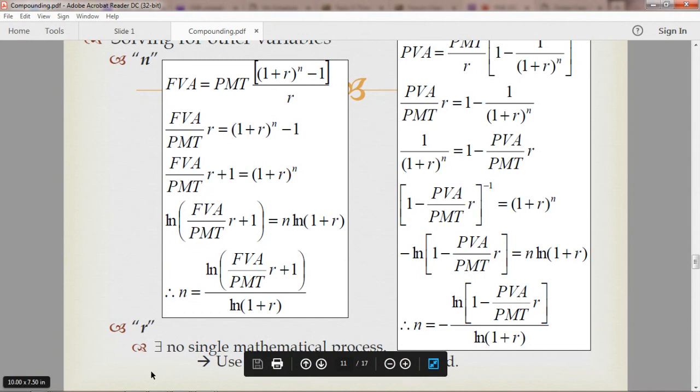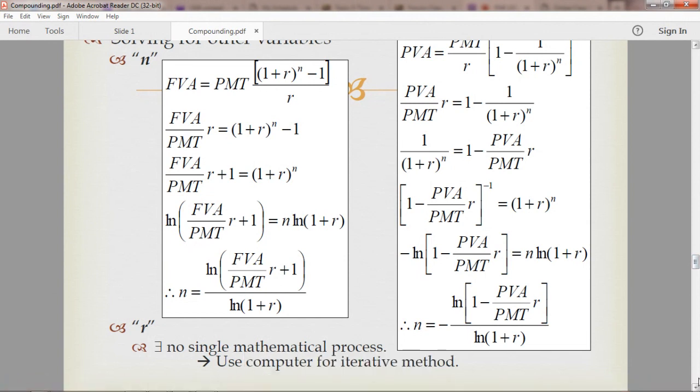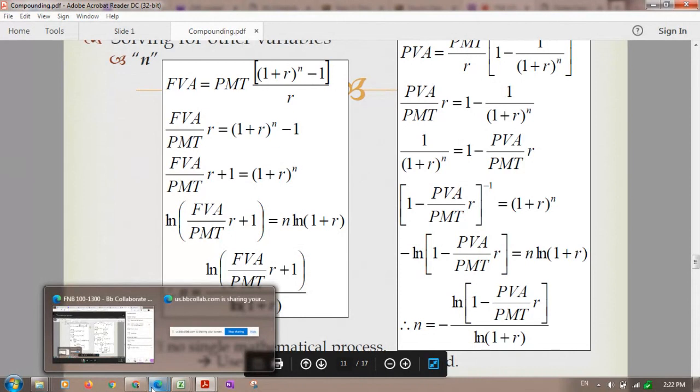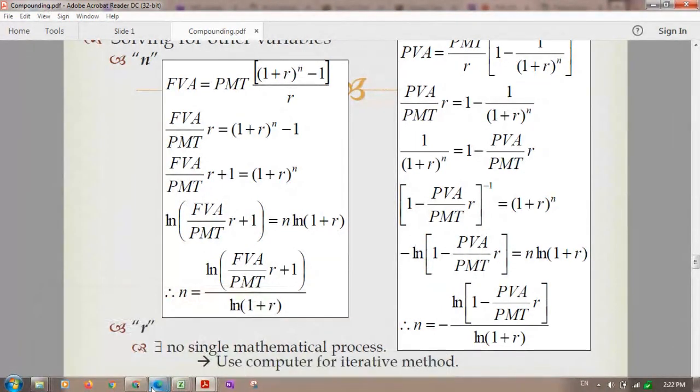And what about rate? What about R? Unfortunately, there is no unique mathematical process, right? In annuities, there's no unique mathematical process to find rate, because traditionally it depended on an iterative method.